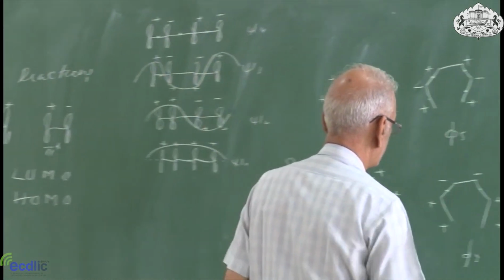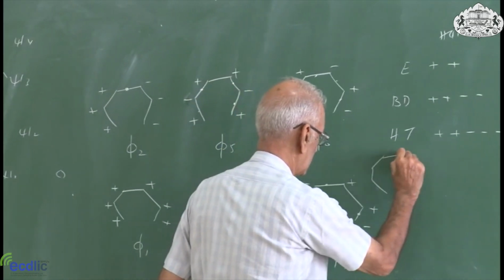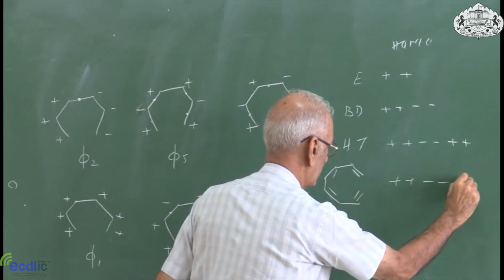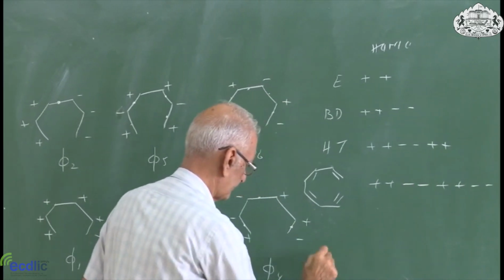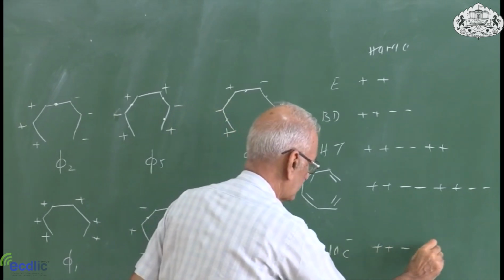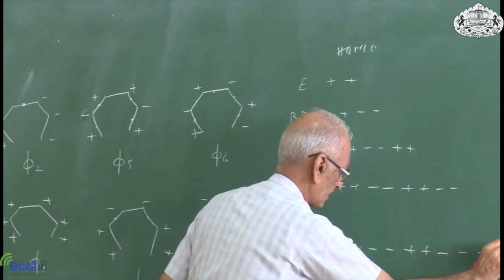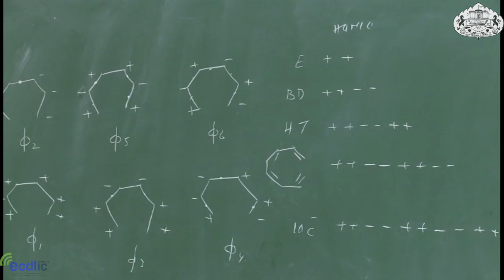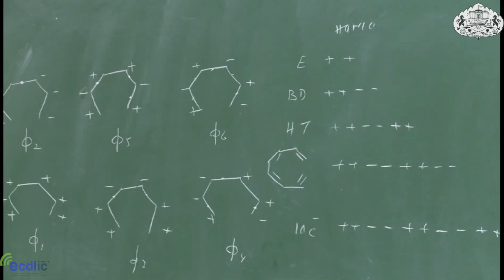So, if you take 10 electrons, plus, plus, minus, minus, plus, plus, minus, minus, plus, plus. If you take 12 electrons, plus, plus, minus, minus, plus, plus, minus, minus, plus, plus, minus, minus, very simple.